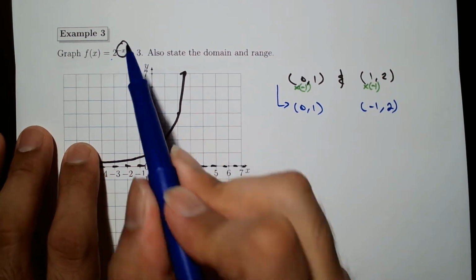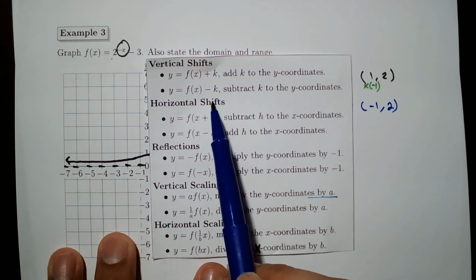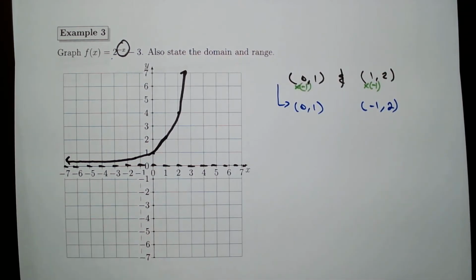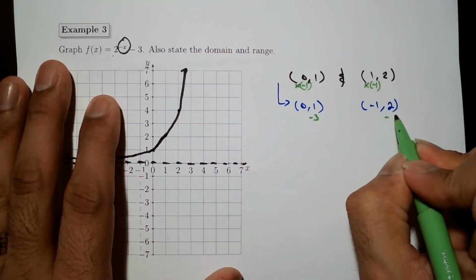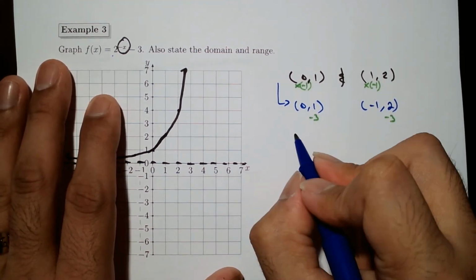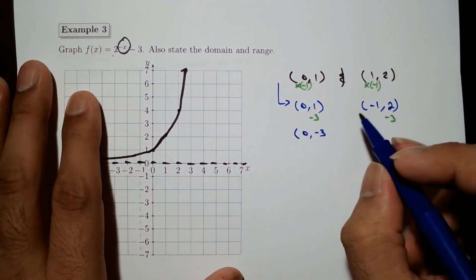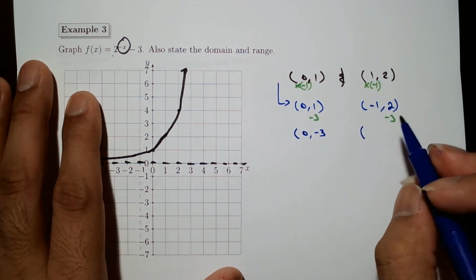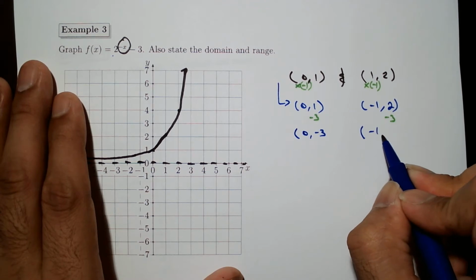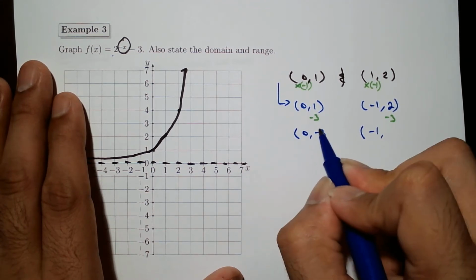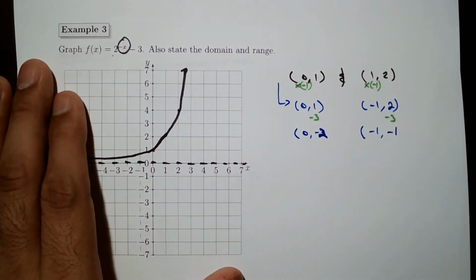Now, because of this -3, what are we going to do? Going back to the shiftings, subtract k from the y coordinate. So we are going to subtract 3. And so we get 0, -2, and -1, comma, well, actually 1 minus 3, that's a -2, and this is 2 minus 3, that's a -1.